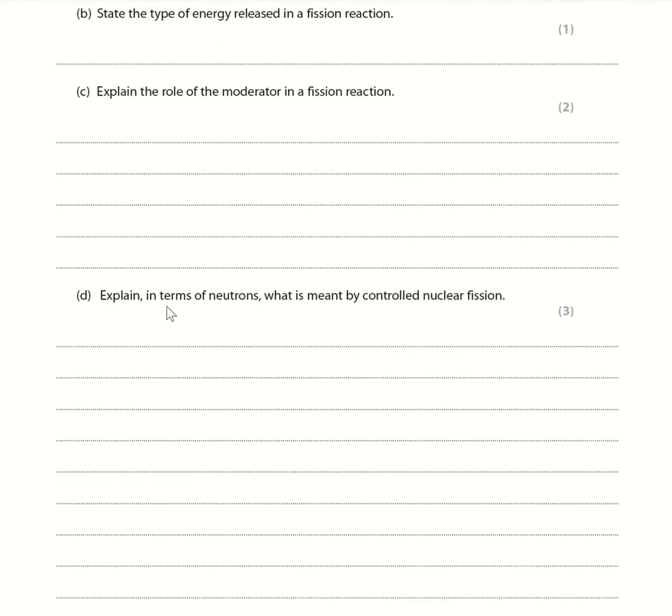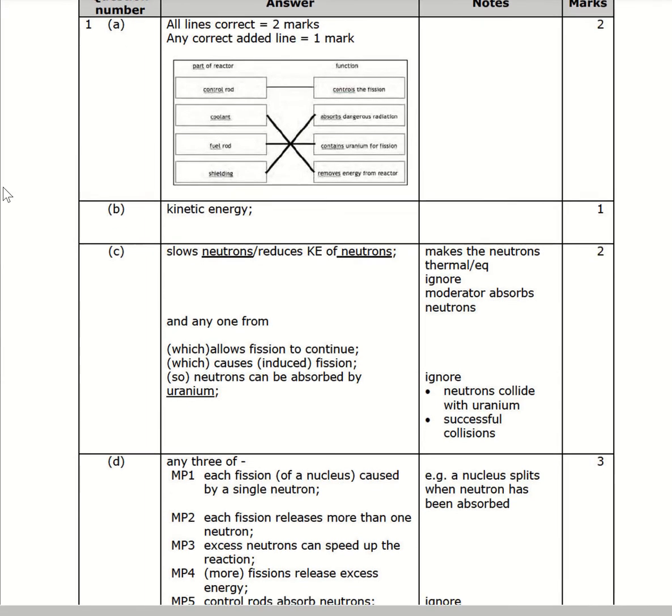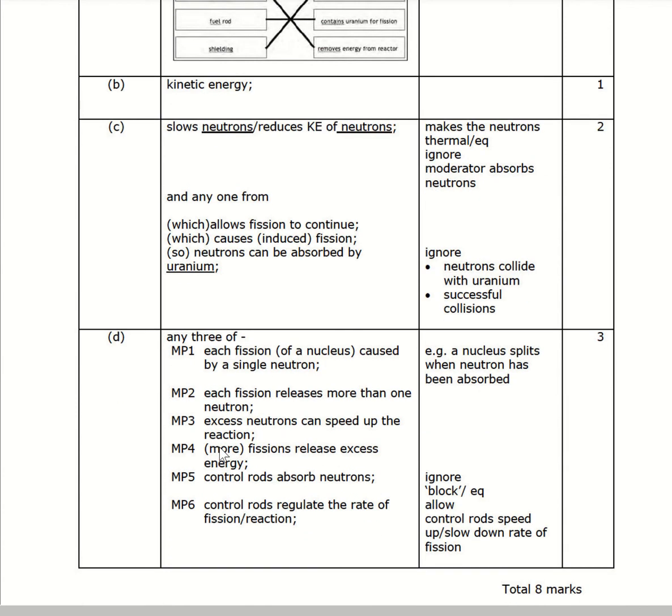Explain in terms of neutrons what is meant by controlled nuclear fission. So in terms of neutrons, what is meant by controlled nuclear fission? Any 3 marks. So each fission of a nucleus caused by a single neutron.